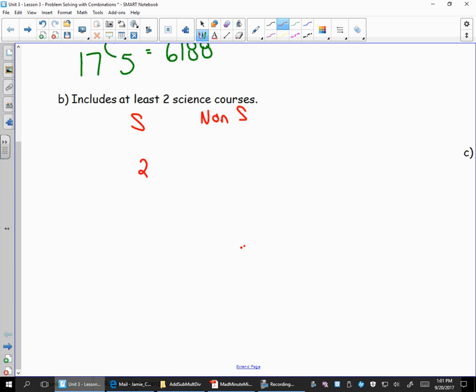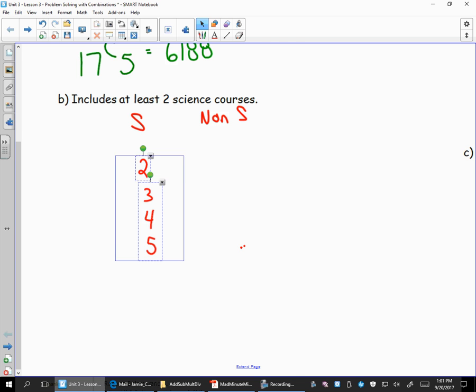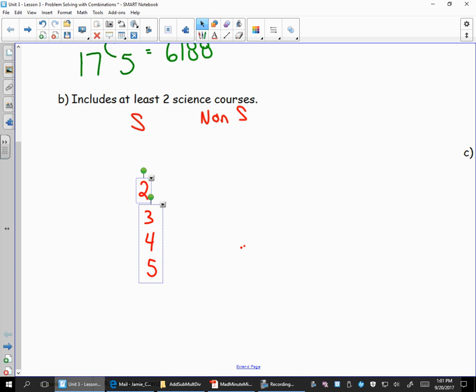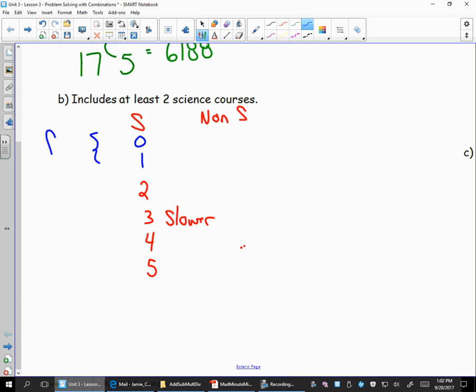So she could take 2, or 3, or 4, or 5. Now remember yesterday we talked about the idea of the indirect method. I could go through cases 2, 3, 4, or 5, or I could get rid of 0 or 1. I think it's faster to do these 2 cases than worry about the other 4. This is slower. Okay, this is faster.